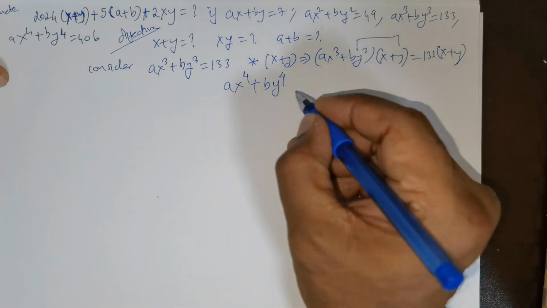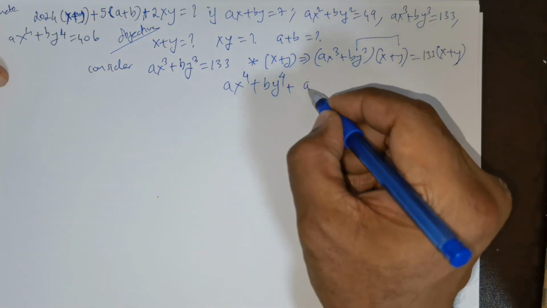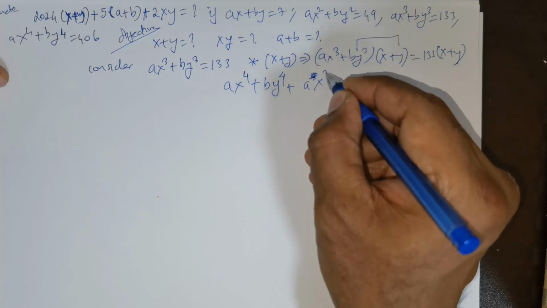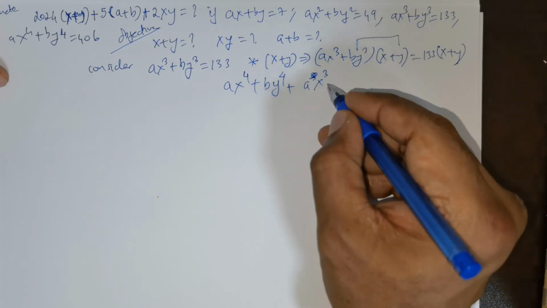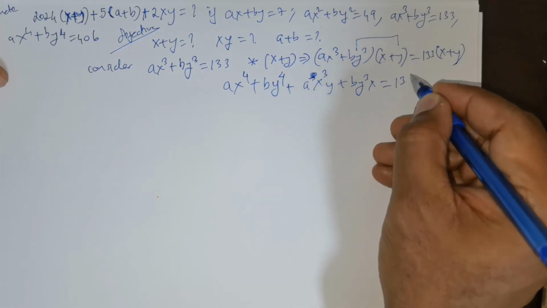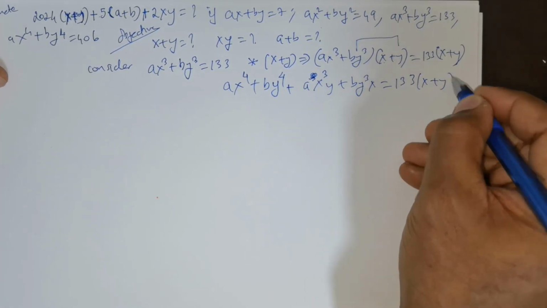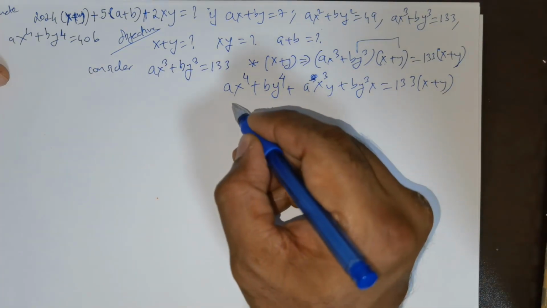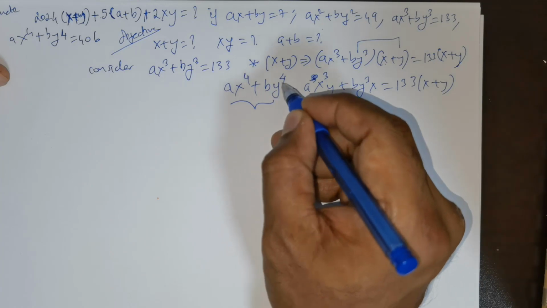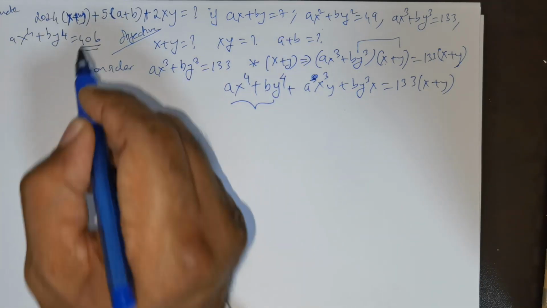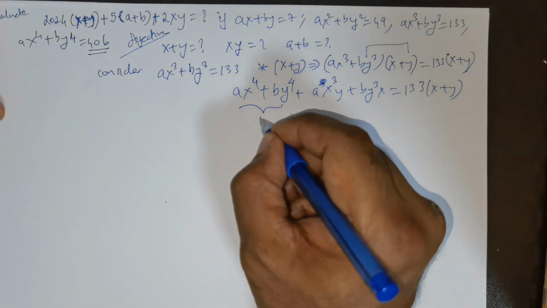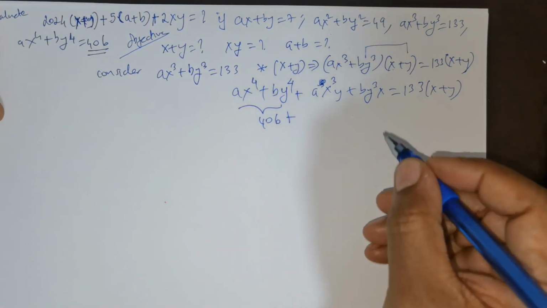And that is followed by ax³y + by³x = 133(x + y). Now ax⁴ + by⁴ is 406, it's given in the question. Substitute that value.